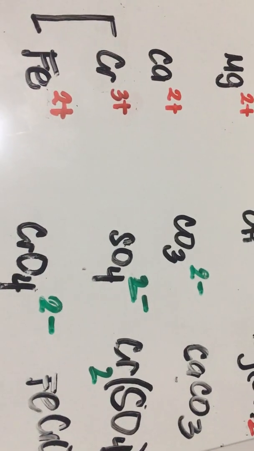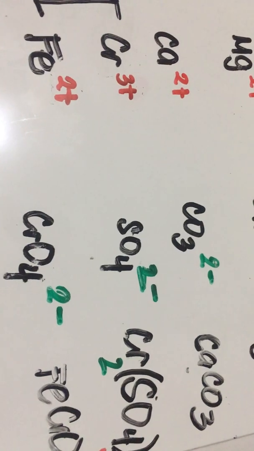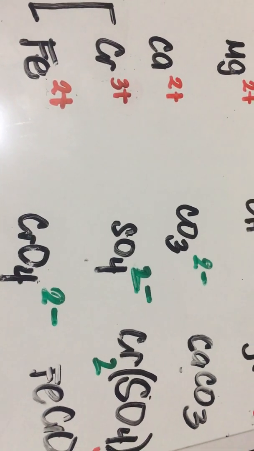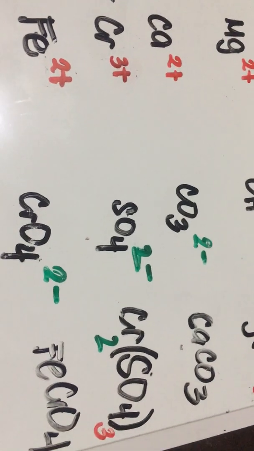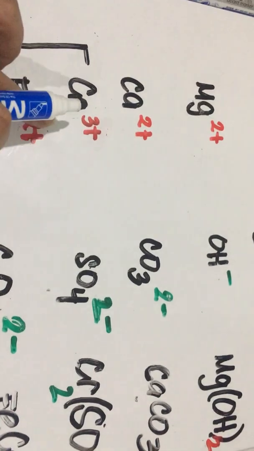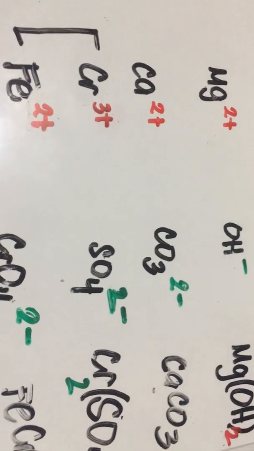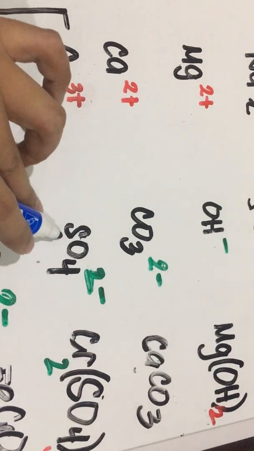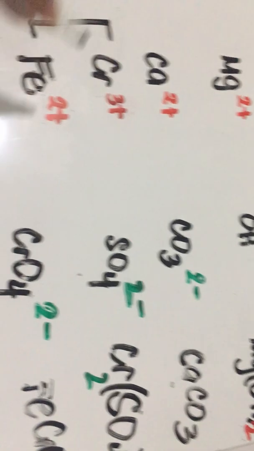In this case, since chromium and iron have variable states or variable charges, then we must really indicate their charge. All right, so the 3 comes from chromium, okay, as shown in here. Therefore we must say chromium 3 sulfate, because this is our sulfate ion. Chromium 3 sulfate.